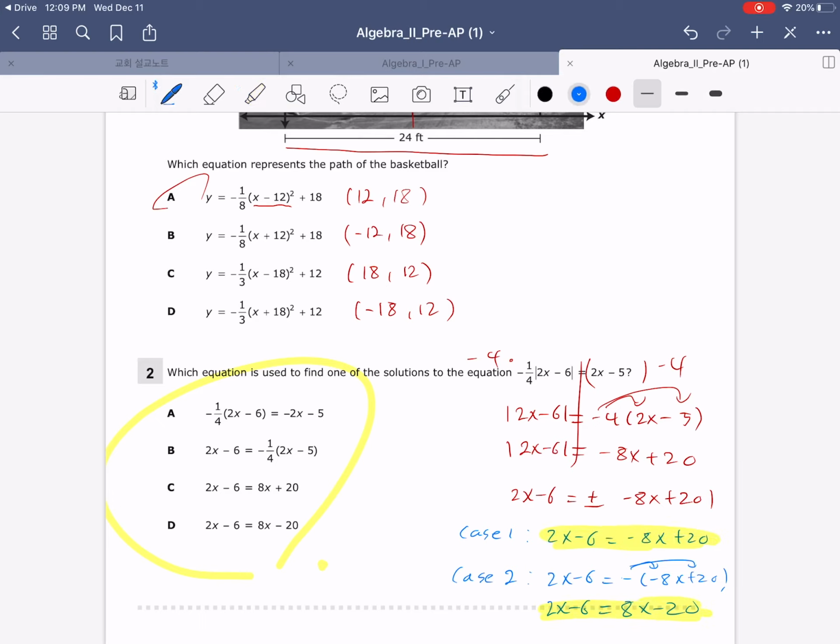This first one we don't even have to worry about, so that's wrong. Let me use the red pen. The second one is wrong as well. 2x minus 6 equals 8x plus 20 is wrong, so it should be this one. Yeah, 2x minus 6 equals 8x minus 20. See, this one matches. Nice.